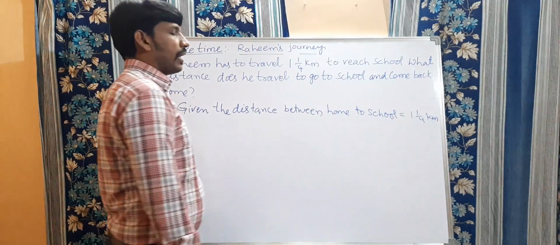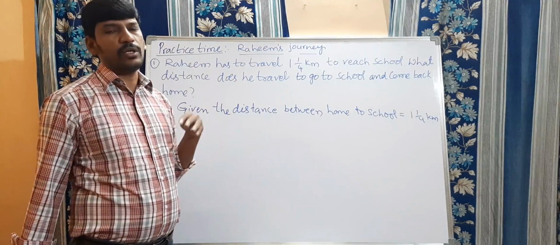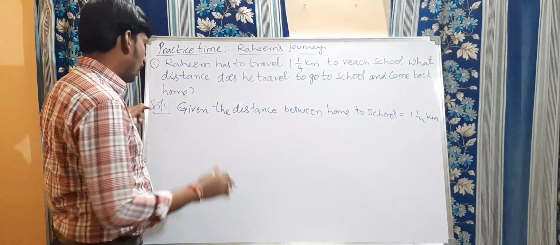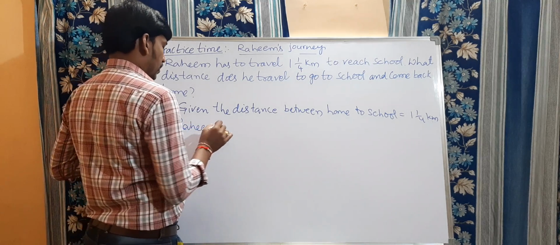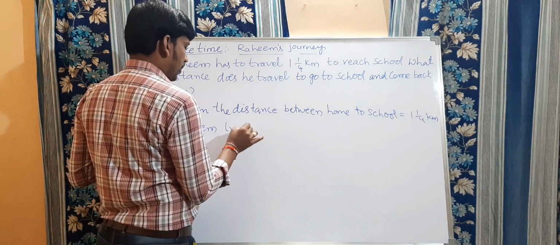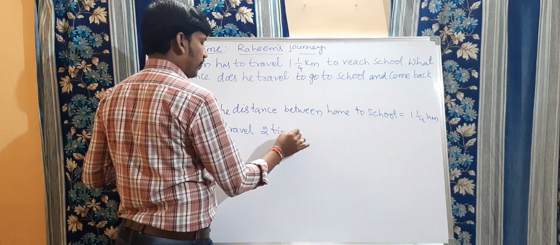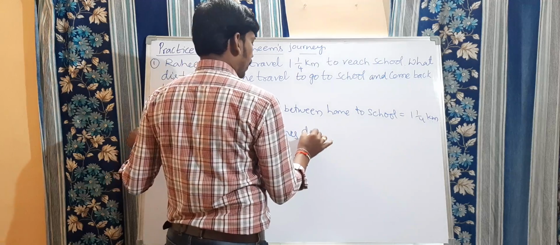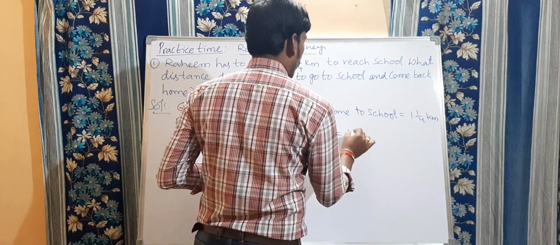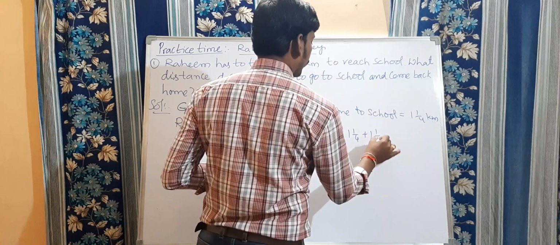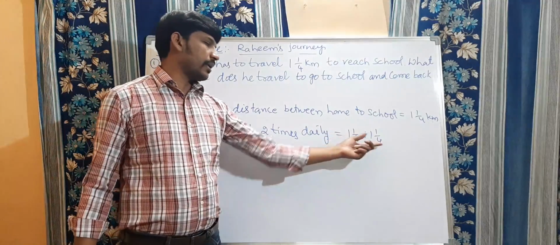So Rahim travels 2 times daily. In the morning he will go to school and in the evening he comes back home. So 2 times daily, that is equal to 1 1/4 plus 1 1/4. Morning and evening, you can add these two.